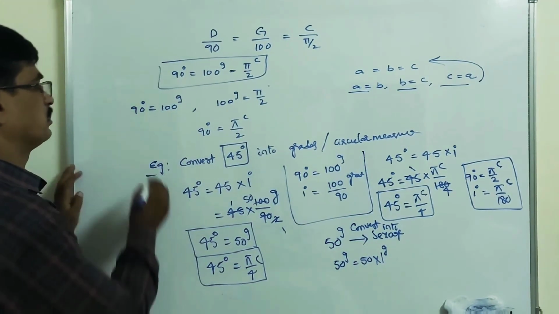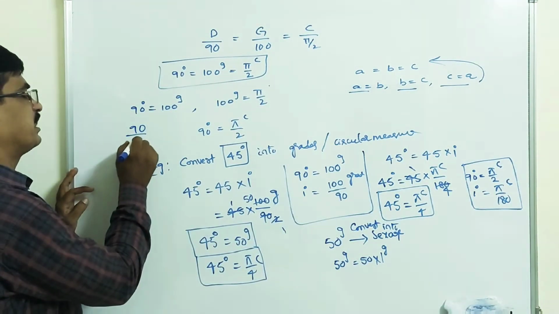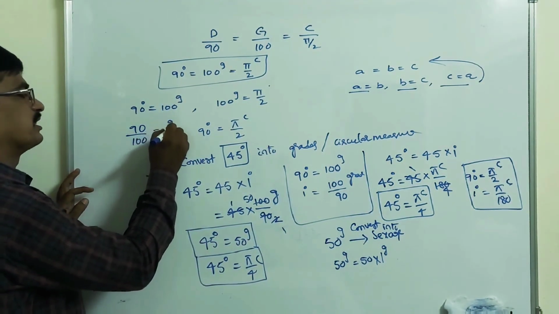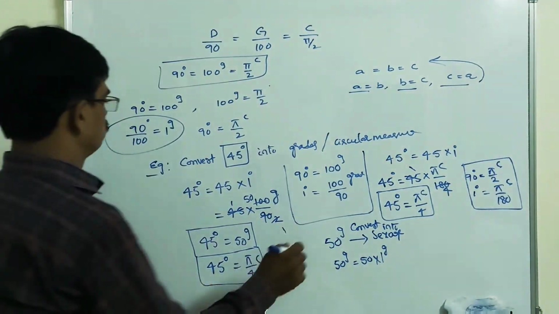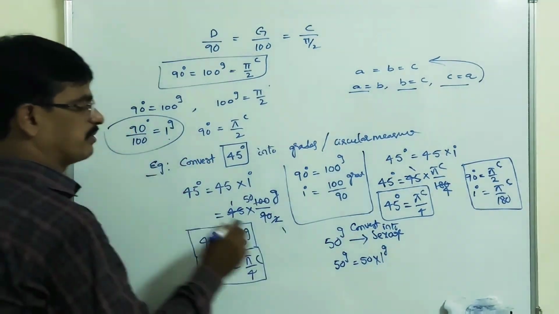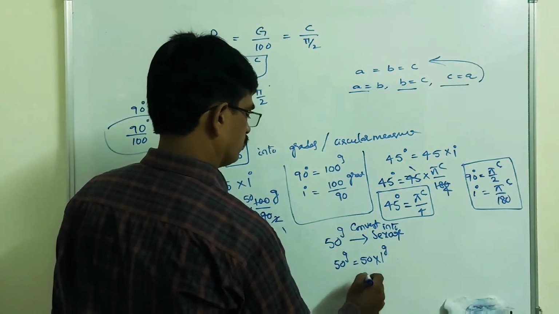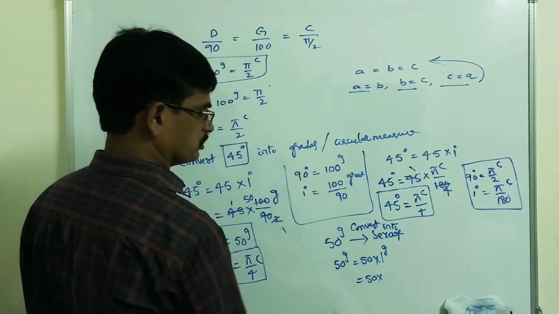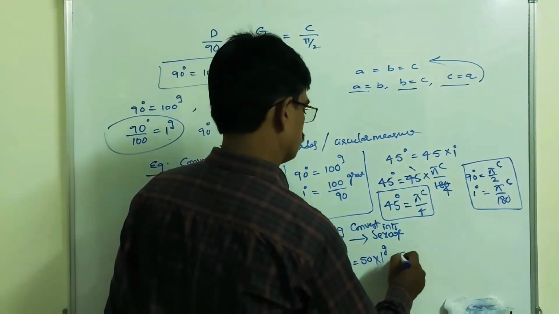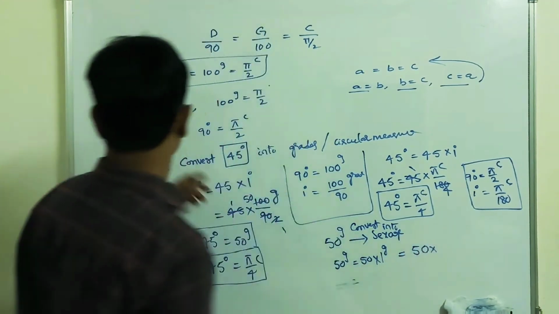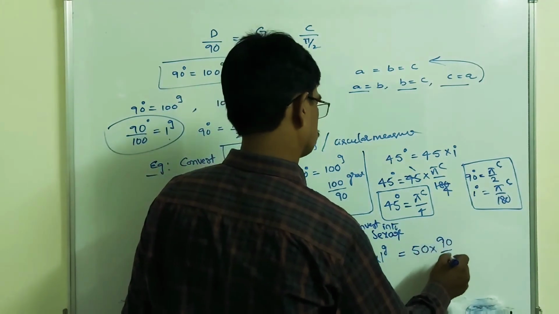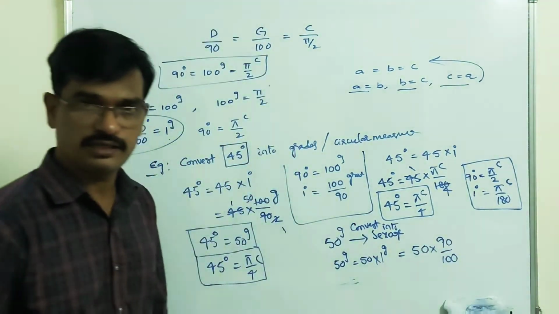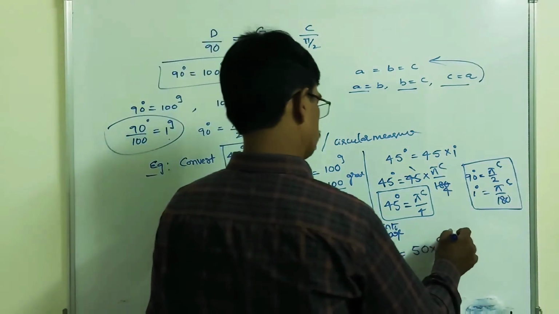Then 90 by 100 is equal to 1 grade. So by using this, 1 grade is replaced by 50 into 90 by 100.